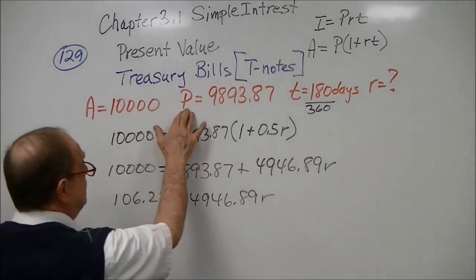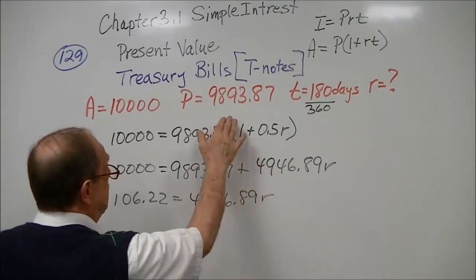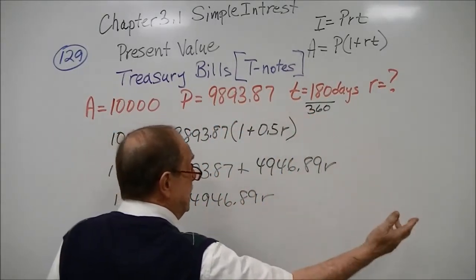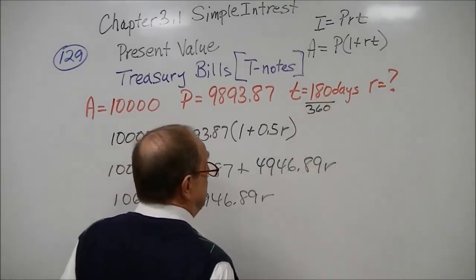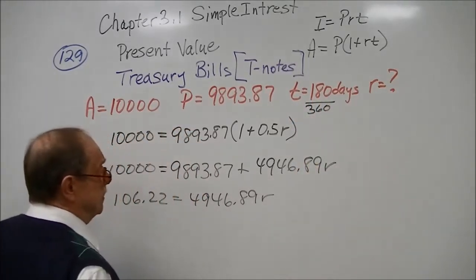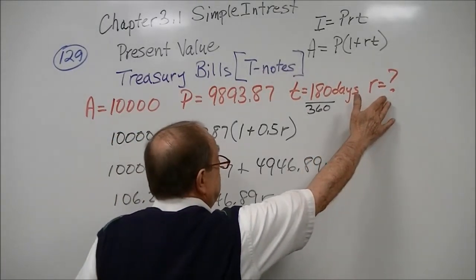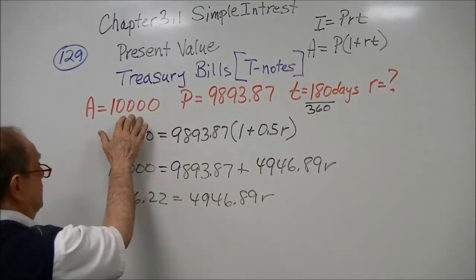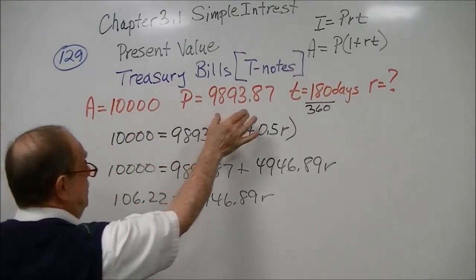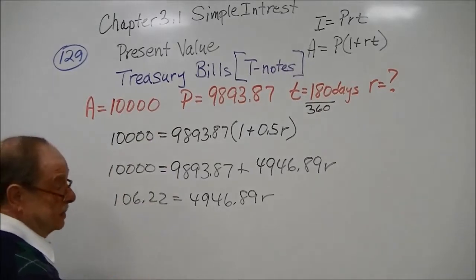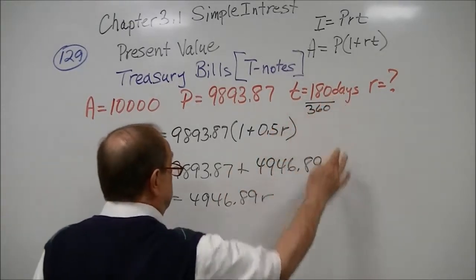And our principal, the amount that we put in, is this, and it's usually in days, 180 days. And what we don't know is the rate that will give us this face value. So we pay less for it, but this is what the government gives us back after this amount of time.